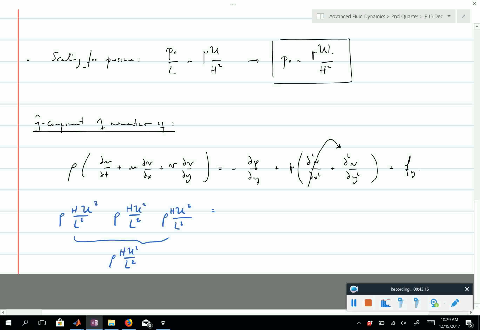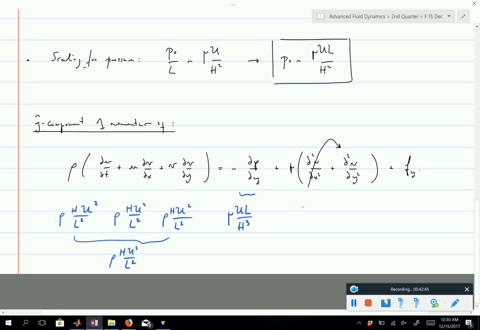Now I do have a typical scale for my pressure. The pressure might be relevant or not, but I do have a scale for it. So this term here will scale with potentially mu u l divided by h cubed. This is already giving it away. It can be huge because you have a 1 over h cubed, so this is essentially the term which dominates.